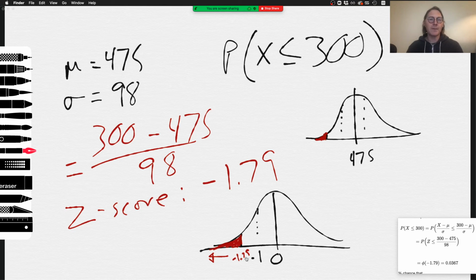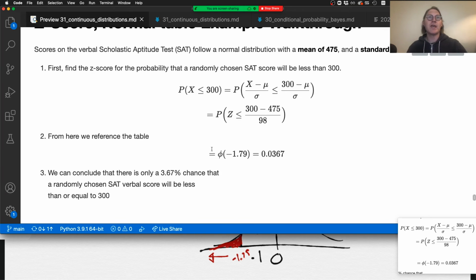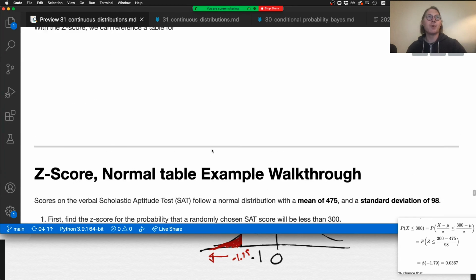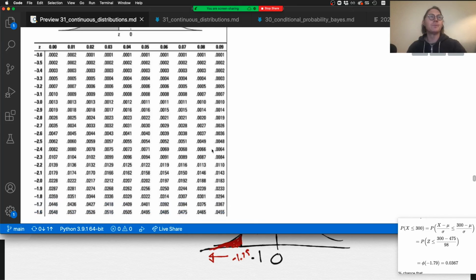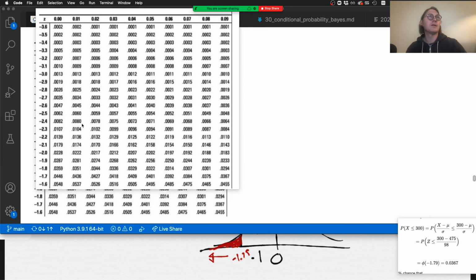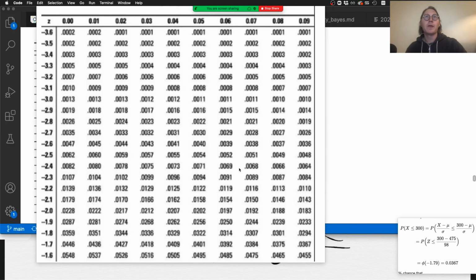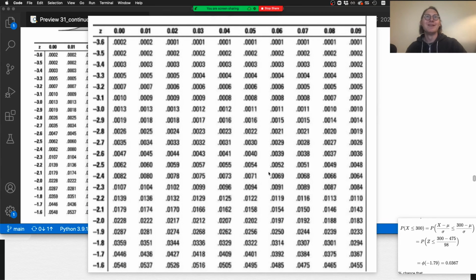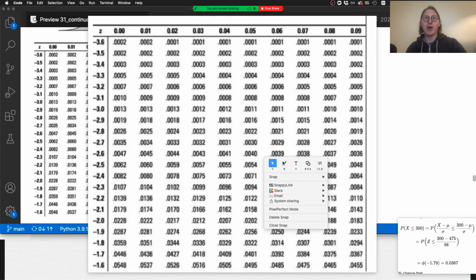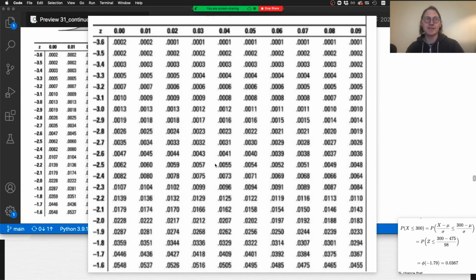So if we want to do that, then we can jump up to this table, and maybe I'll screen capture this and kind of blow it up a little bit. And this is actually the process I did in stats classes.